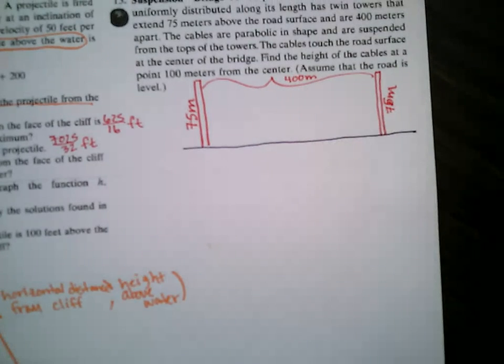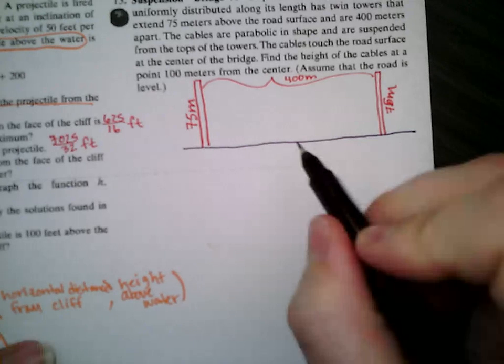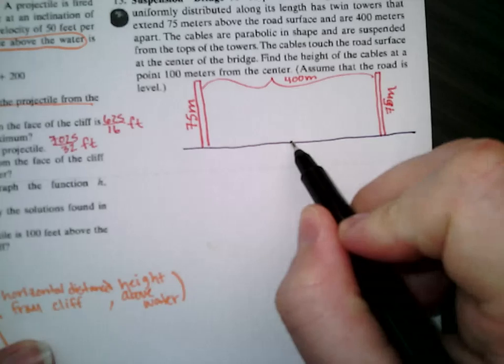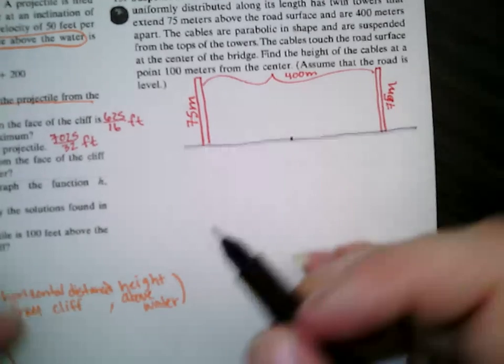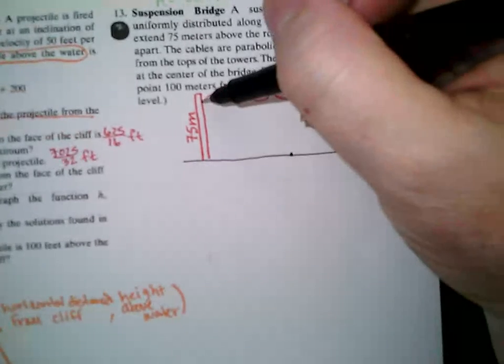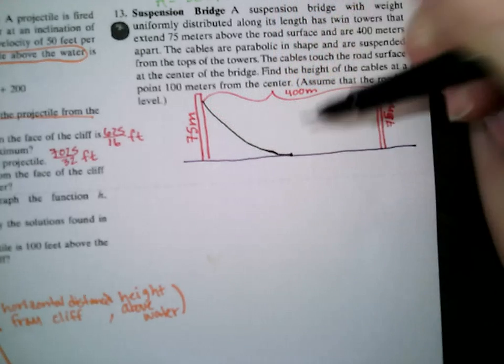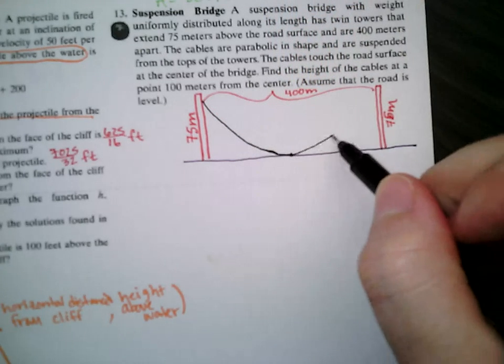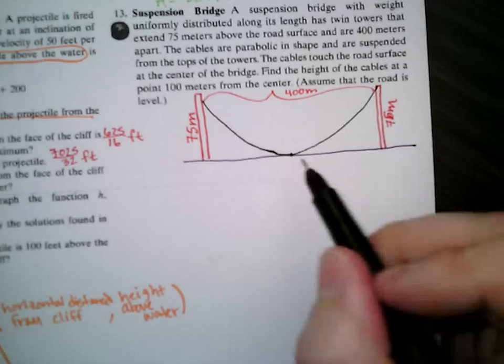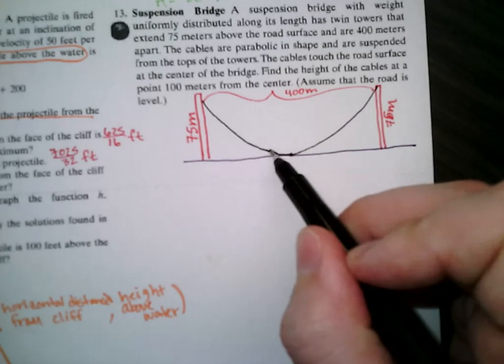Okay. Then they have a cable that's suspended between the two towers, and that cable touches the surface of the road at the center. So this cable is suspended from both towers and touches the road surface at the center.